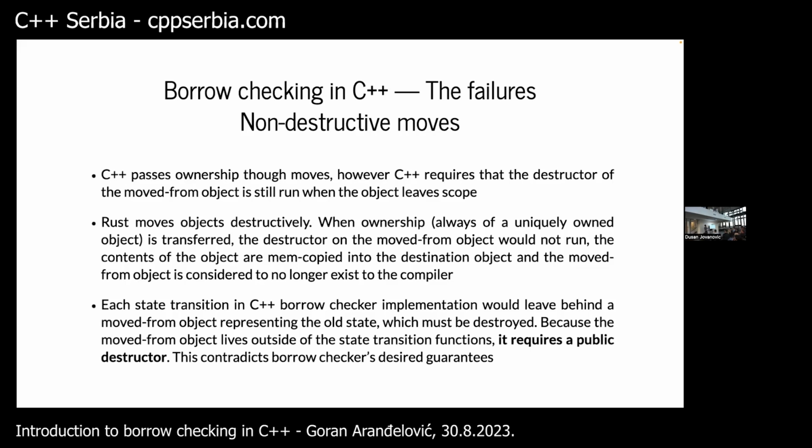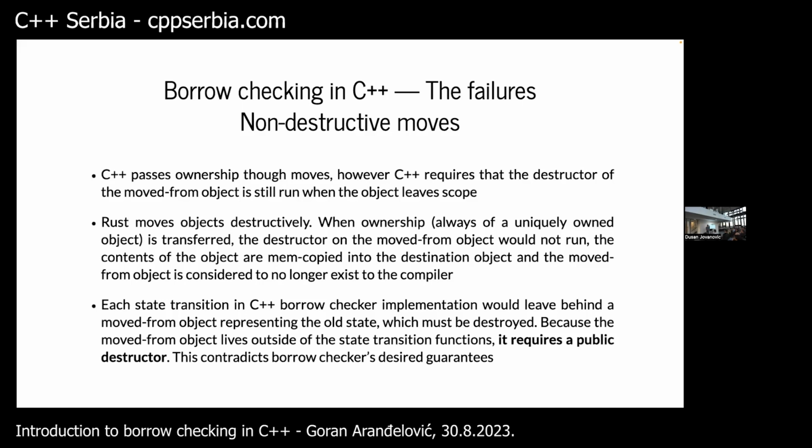So basically, you're making transitions from one state to the other, and you have these side effects that you have destructors for some of these states being called when you moved from objects.